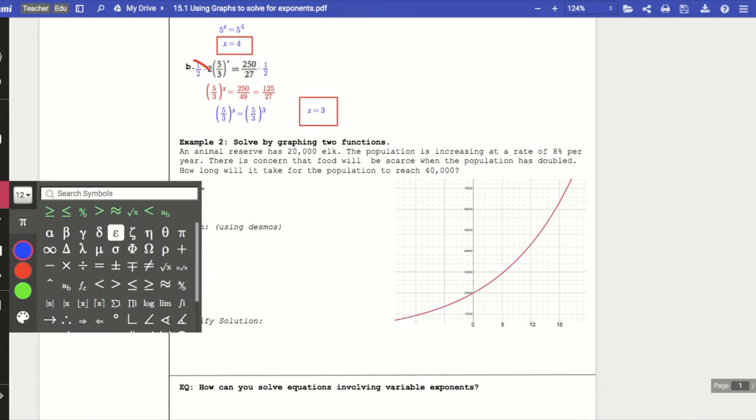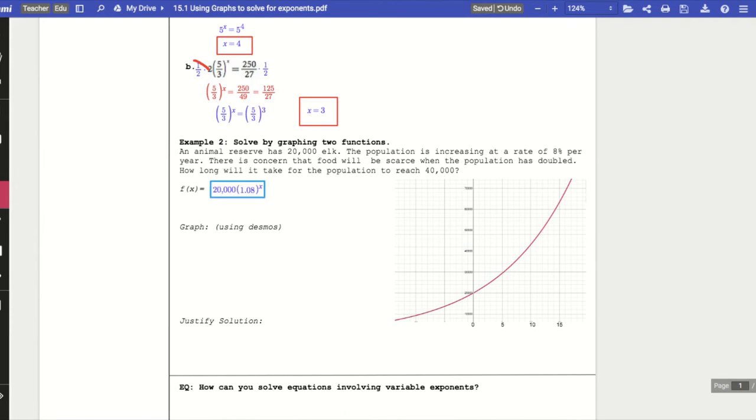Since this is an exponential function, f of x is equal to 20,000 times 1.08 to the x power. It's 1.08 because we are increasing. If we were decreasing, it would be 0.92. So there we go, that is my function.